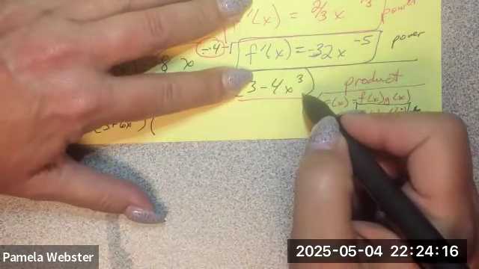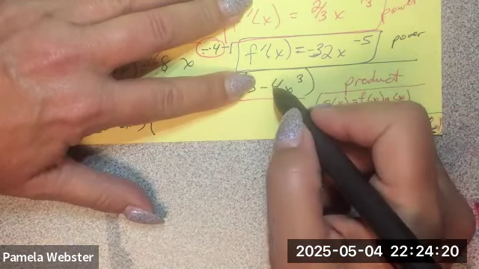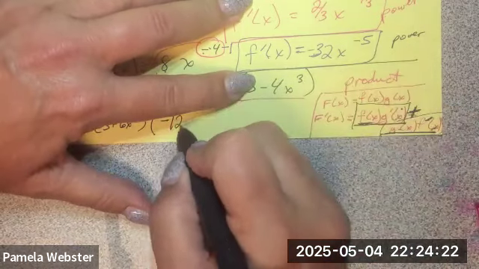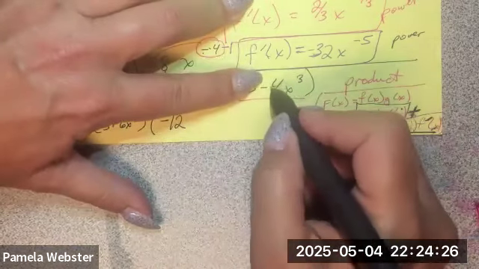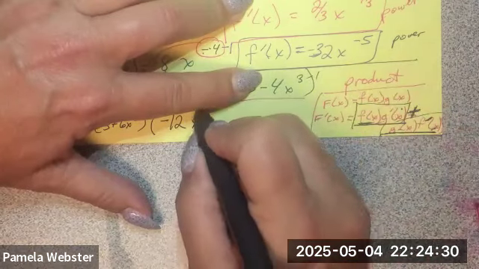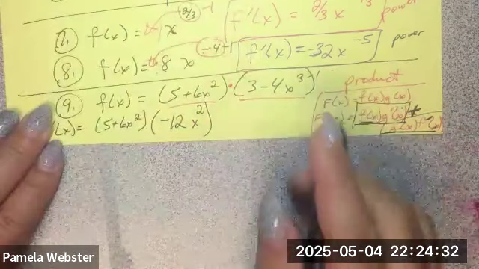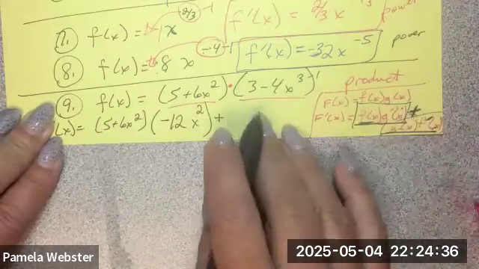This is where I saw lots of mistakes on this test. 3 times negative 4 is negative 12, right? A lot of people lost their negative. Negative 12. X to the minus 1 is x squared, right?